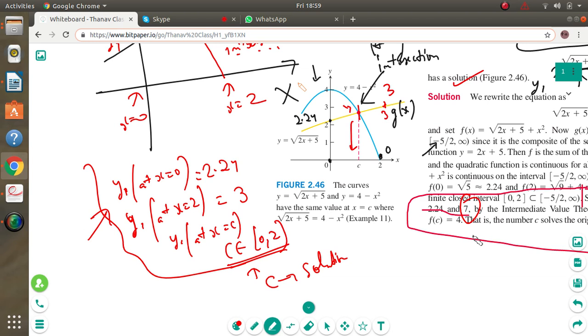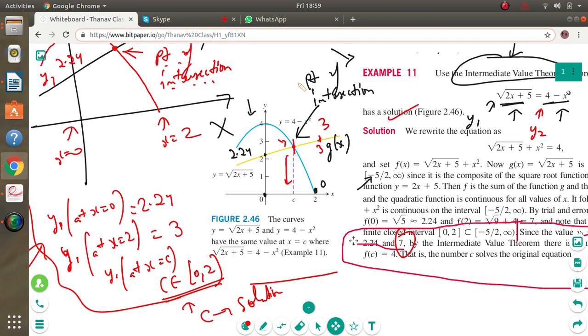So you're saying that the solution is that there is a value at which there is an intersection between 0 and 2. You are proving the solution by saying there is a solution between 0 and 2. You're not actually finding out the solution. Solution is not required here.